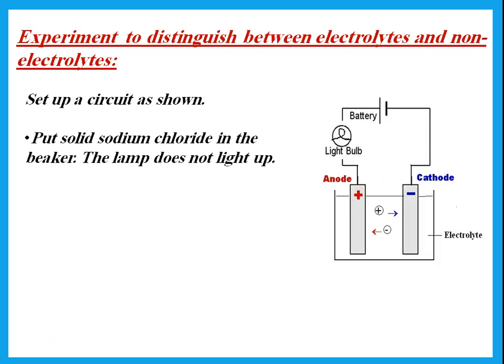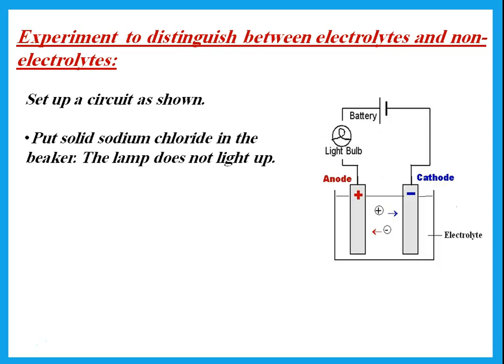You should realize that if the substance in the beaker is a solid ionic compound, it does not conduct electricity. Do you remember when we talked about ionic compounds? We said ionic compounds will conduct electricity only when molten or in solution, because I want the positive and negative ions to be free to move.